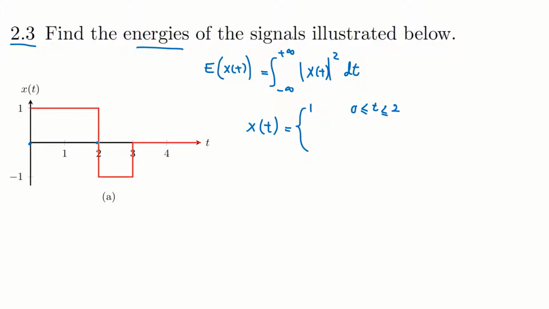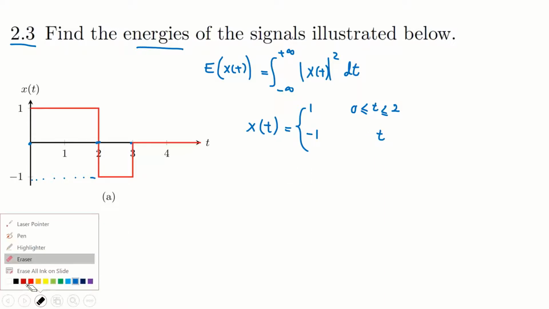And then from 2 to 3, the value of the xt signal is -1. So it is -1 for t between 2 and 3.